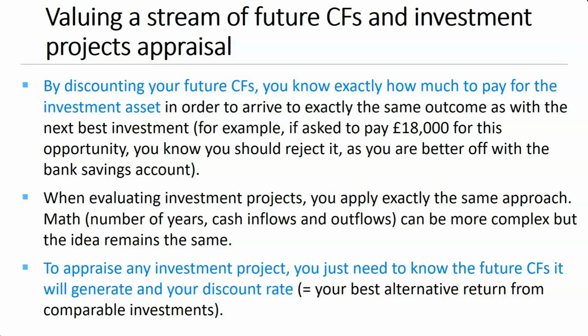If you are offered to buy this property for more than the amount which we've calculated, let's say someone asks you to pay 18,000 or 19,000, you know that it's not worthwhile because you will be generating more money in an alternative investment. If, however, someone offers you to purchase this particular deal, with this amount of cash flows, for £15,000, you will be better off because you won't be able to get as much in your alternative investment.